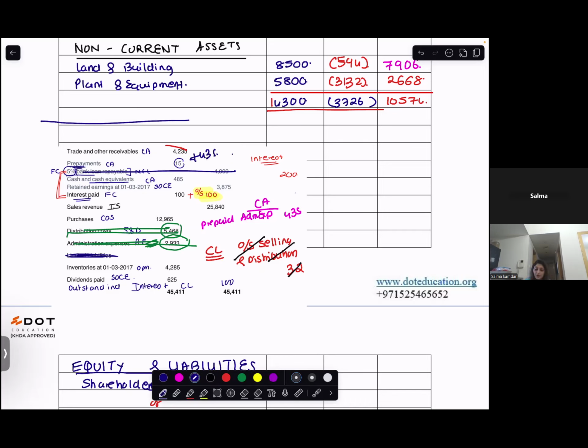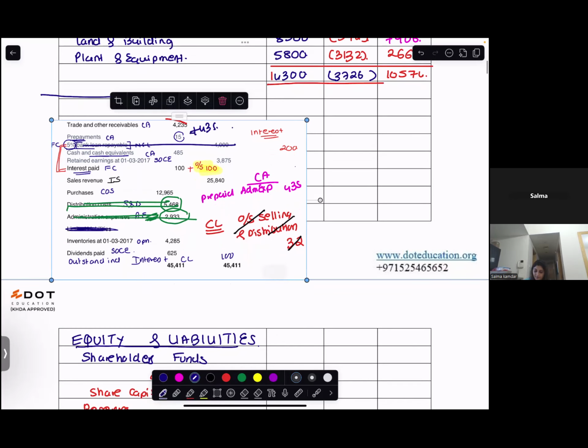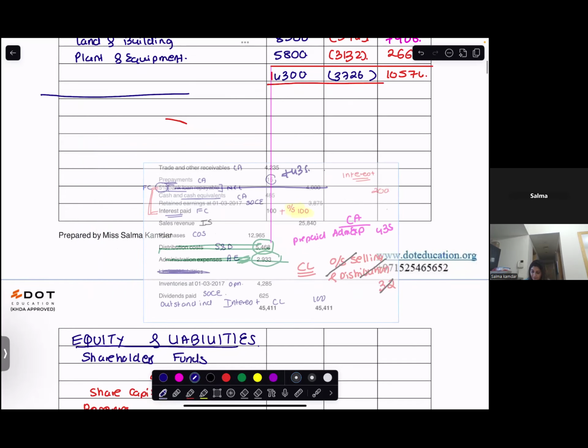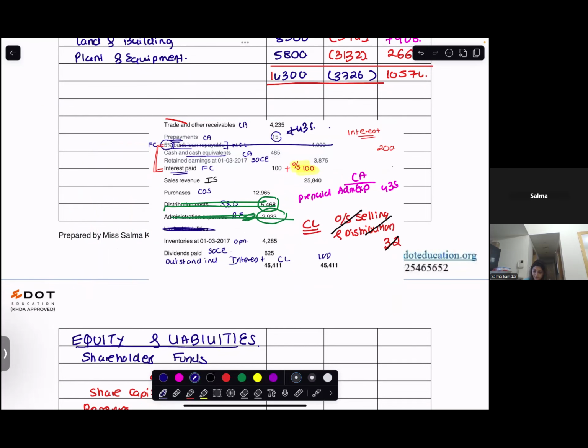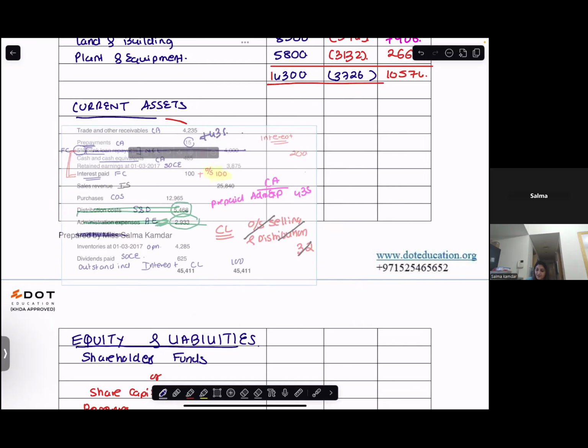So do the total current assets please for me. Current assets, you will write trade and other receivables, cash and cash equivalent.